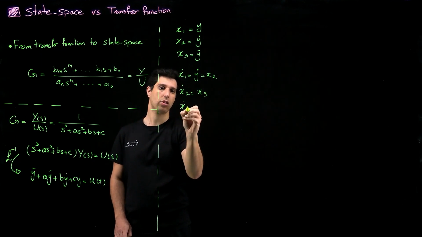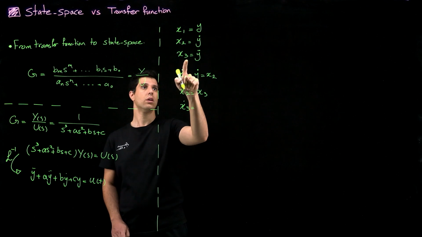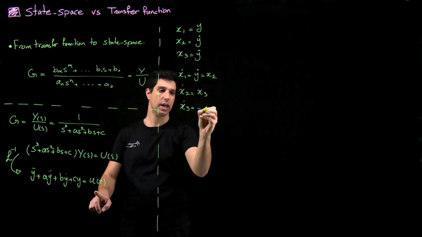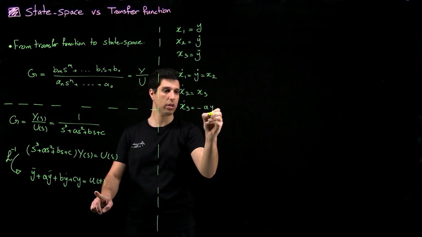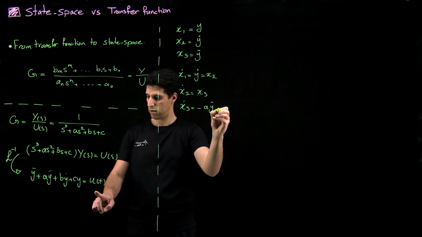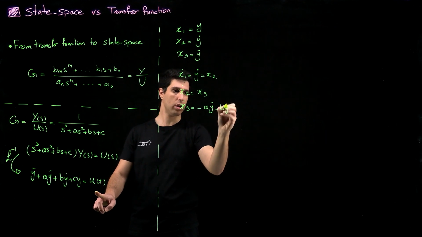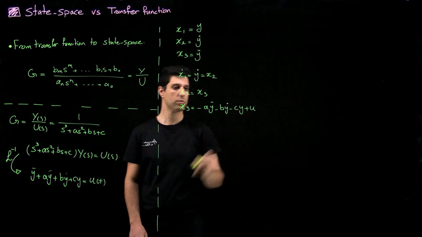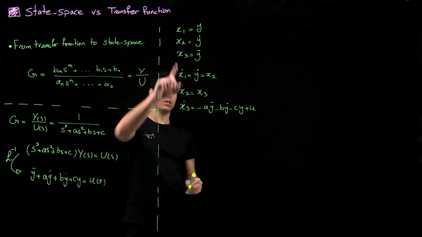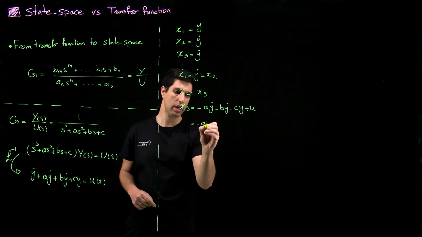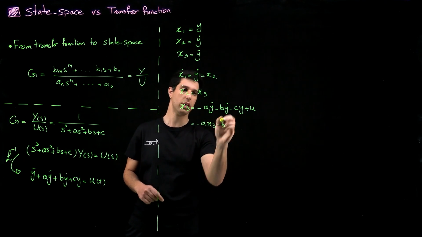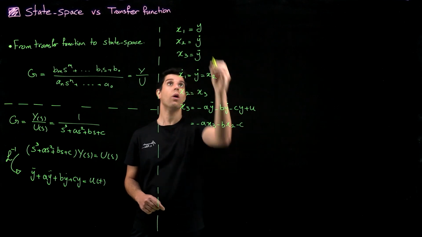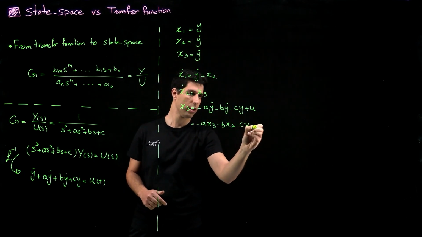And x dot 3 equals y triple dot, which is minus a y double dot, minus b y dot, minus c y, plus u. And y double dot is x3, y dot is x2, y is x1. So minus a x3 minus b x2 minus c x1 plus u.